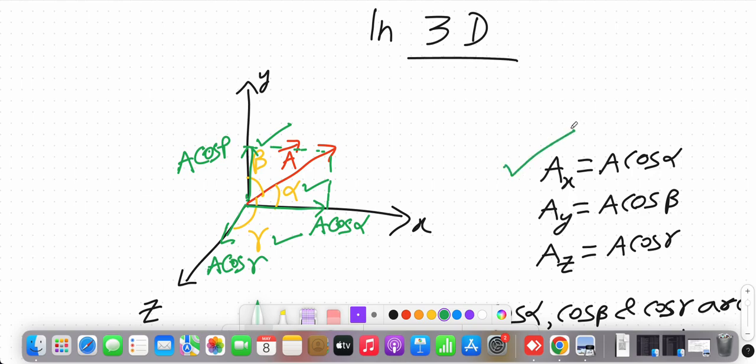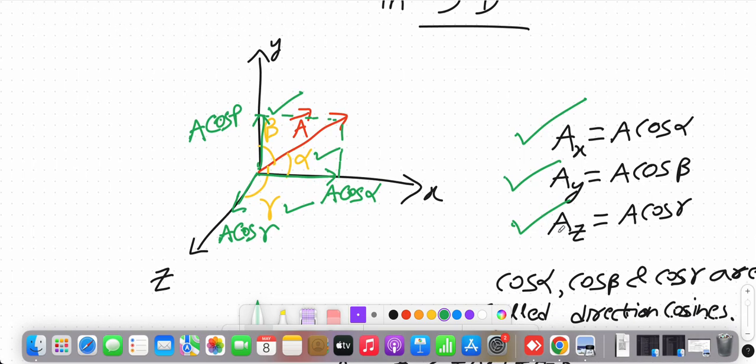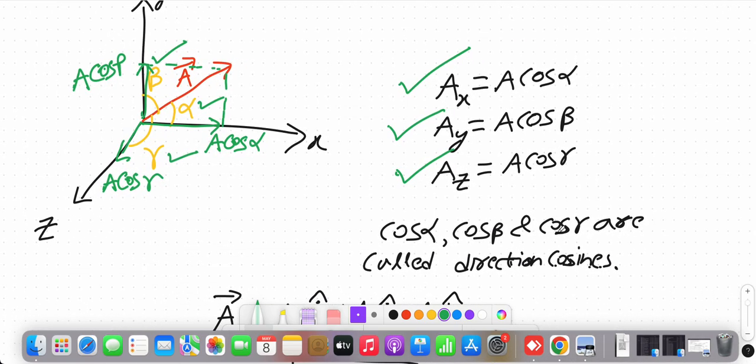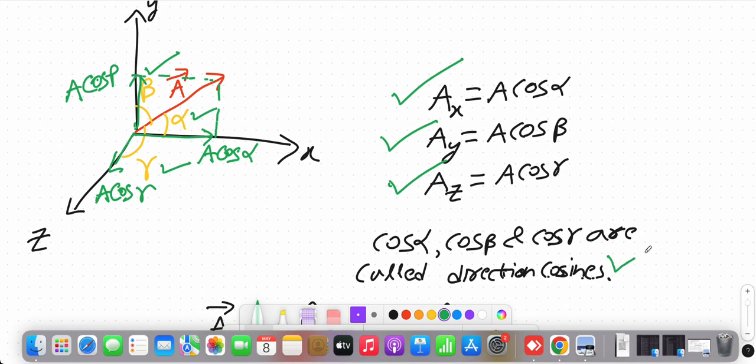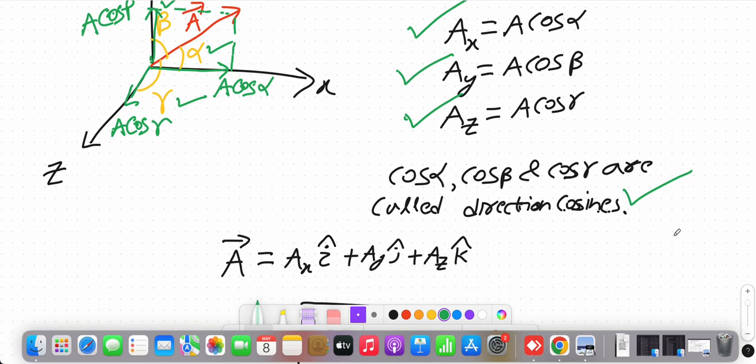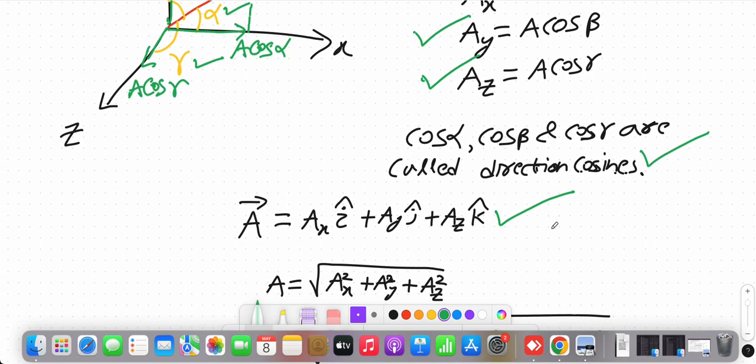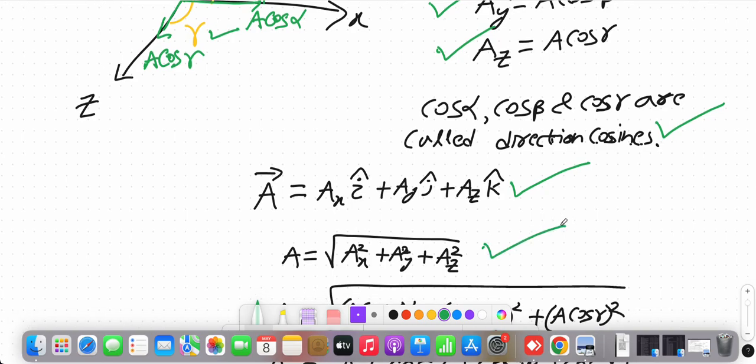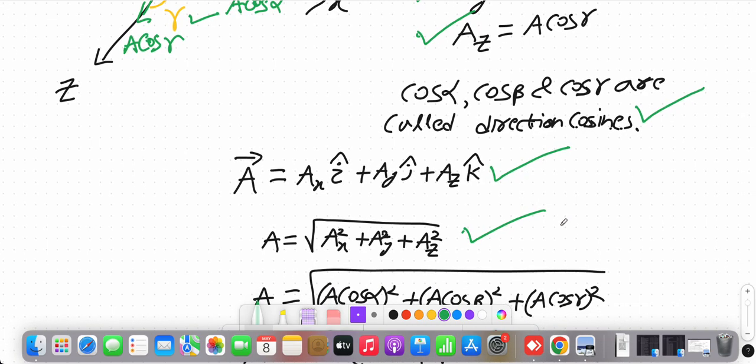So Ax is A cos alpha, Ay is A cos beta, Az is A cos gamma. These cos alpha, cos beta and cos gamma are called direction cosines. So the vector A can be written as Ax i cap plus Ay j cap plus Az k cap. And the magnitude of A is the square root of Ax square plus Ay square plus Az square.